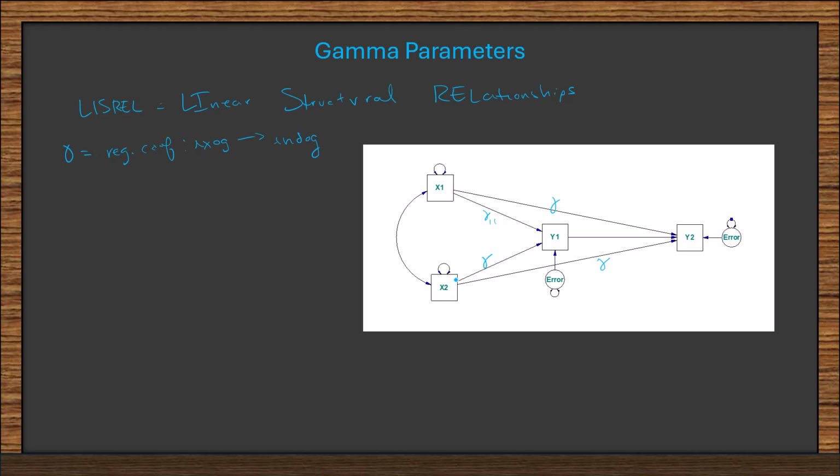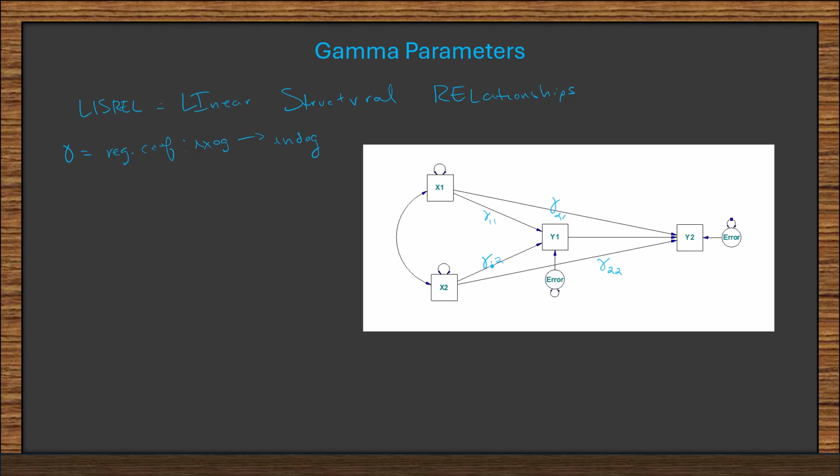And now this gamma for x2 predicting y1 will be gamma sub 1, and now we're going to put a 2 in there, indicating the second exogenous variable doing the predicting. And then when we're predicting y2 using x1, it will be 2,1, because the second endogenous variable using the first exogenous. And then here it will be gamma 2,2.